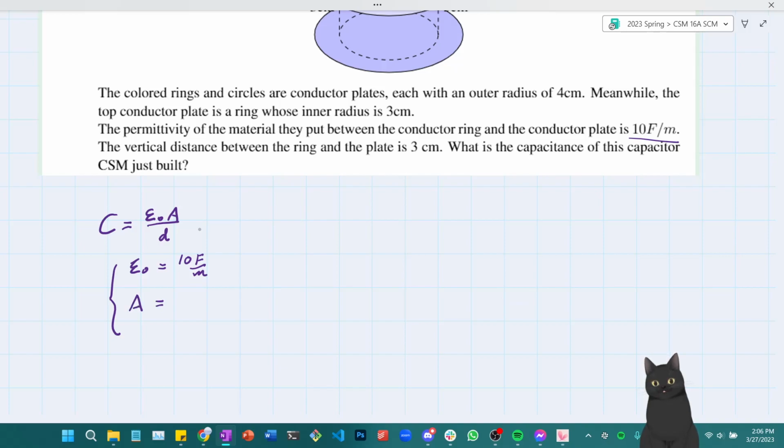Area here, meanwhile, is equal to 0.04 meters squared times pi minus 0.03 meters squared times pi, because this is supposed to be the overlapping area of the conductors.